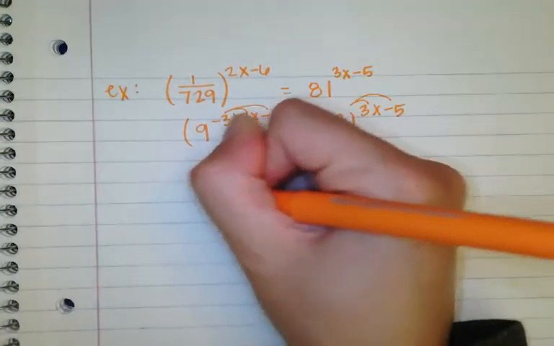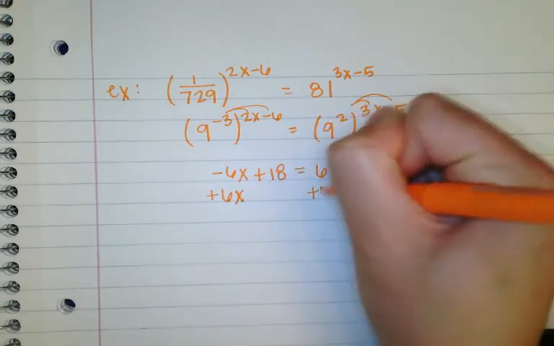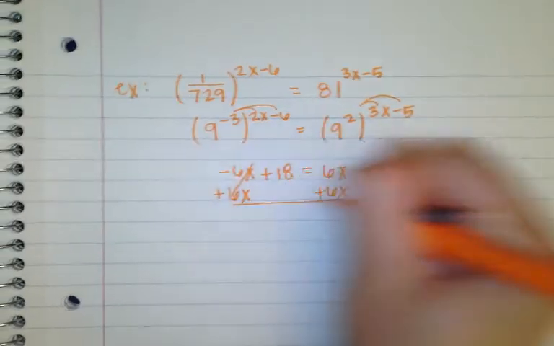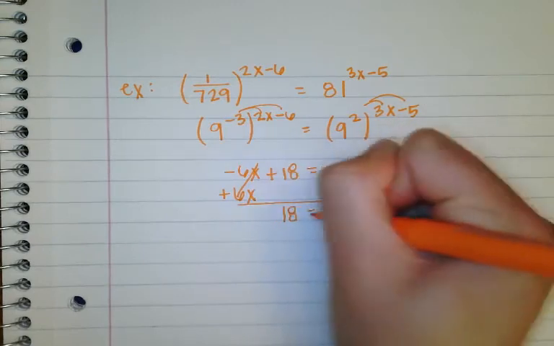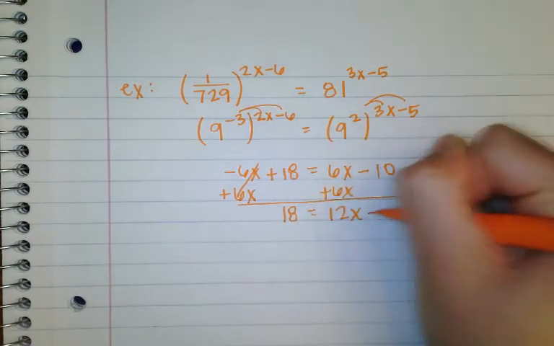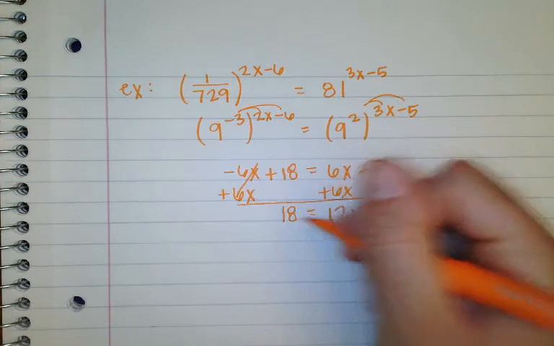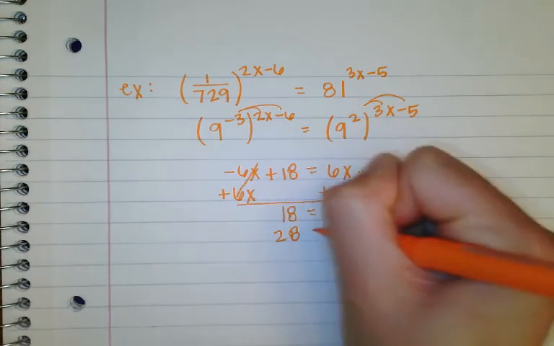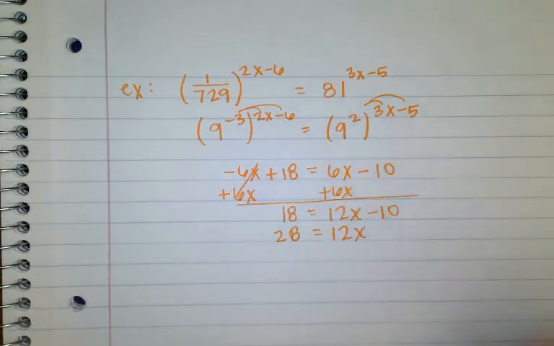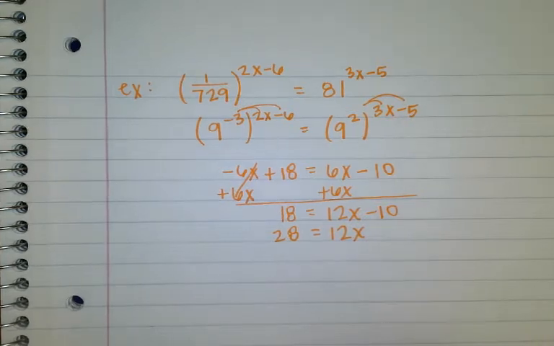I'm going to choose to cancel the negative 6x. 18 equals 12x minus 10. When I add the 10, I get 28 equals 12x.